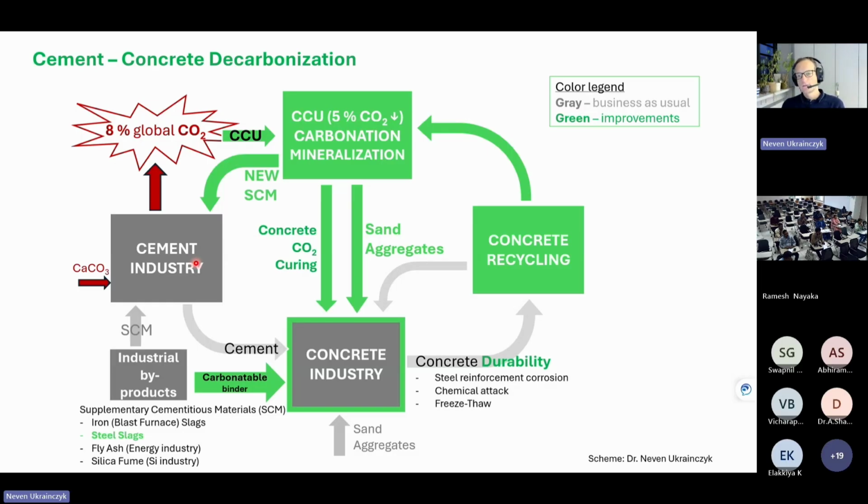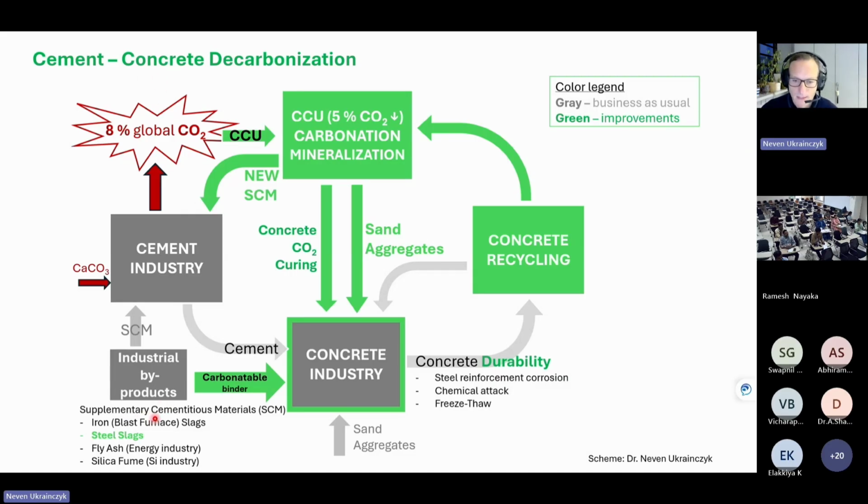If you introduce CO2 in reactors for carbon capture and utilization, the CO2 converts the CSH, the main mineral from cement hydration, the calcium silicate hydrate gel, into silica gel and calcium carbonate. And this silica gel is actually a very reactive pozzolan. Then you can use it as SCMs, and then we again have a closed loop. So these would be the green improvements for the decarbonization of the cement and concrete industry.